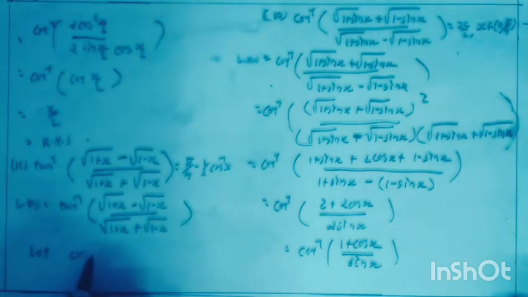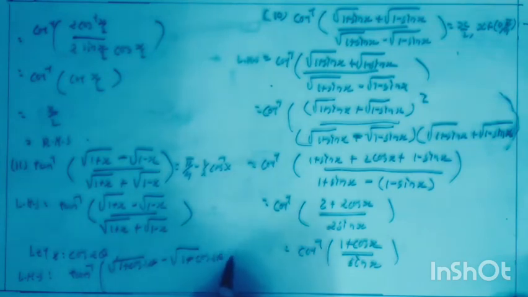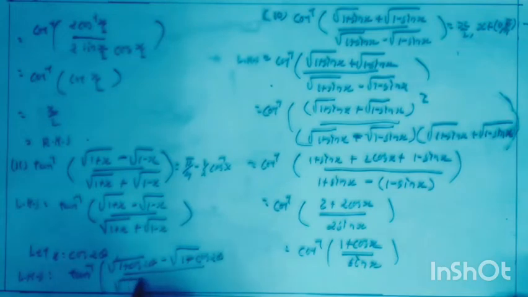Therefore the left hand side becomes tan inverse of root of 1 plus cos 2 theta minus root of 1 minus cos 2 theta upon root of 1 plus cos 2 theta plus root of 1 minus cos 2 theta.